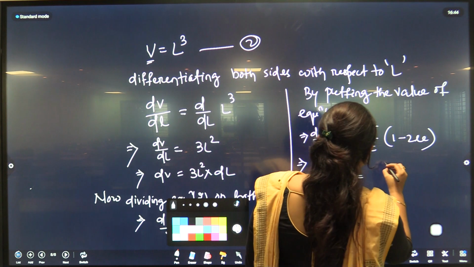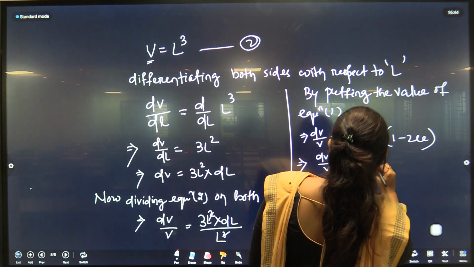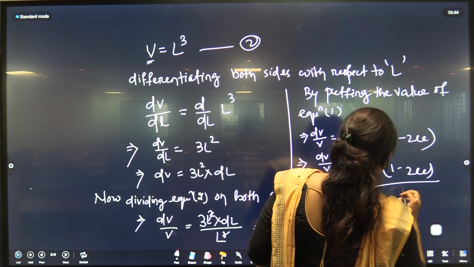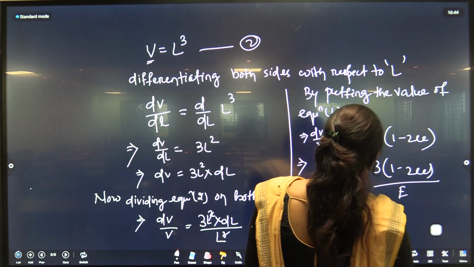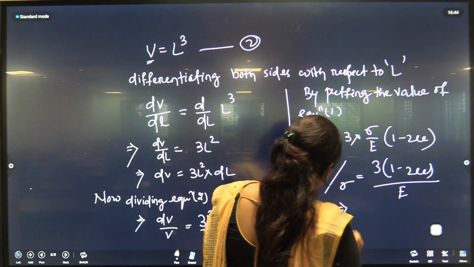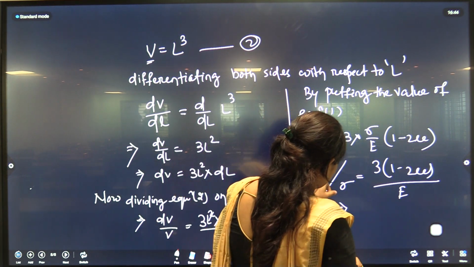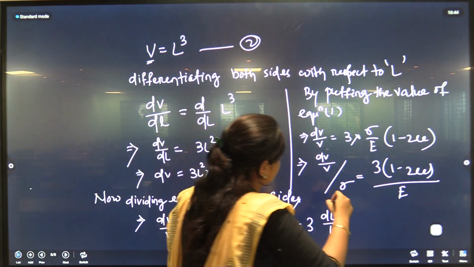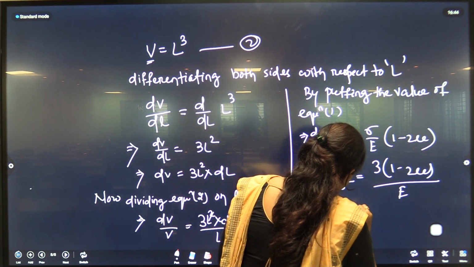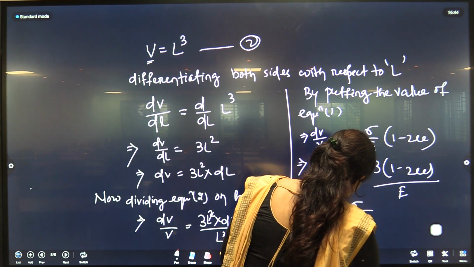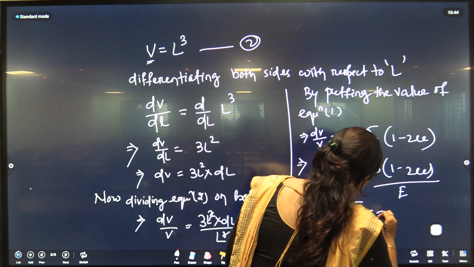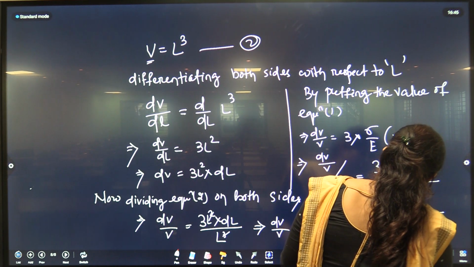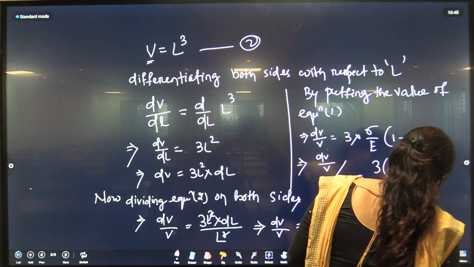It will become 3 into 1 minus 2 mu divided by E. So, by dividing both sides, we will get sigma by dV by V equals E by 3 into 1 minus 2 mu.